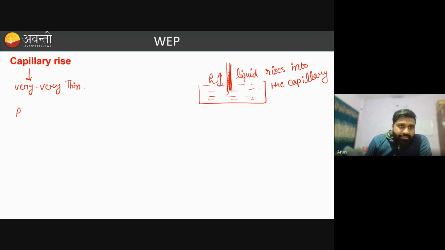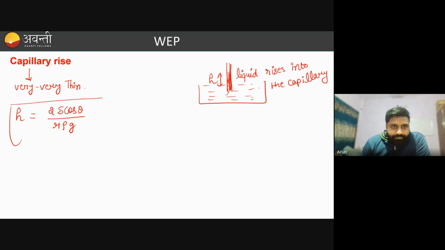So this height up to which the liquid has risen in this capillary tube is given by h is equal to 2S cos theta divided by r rho g, where theta is the angle of contact. Theta here is the angle of contact.